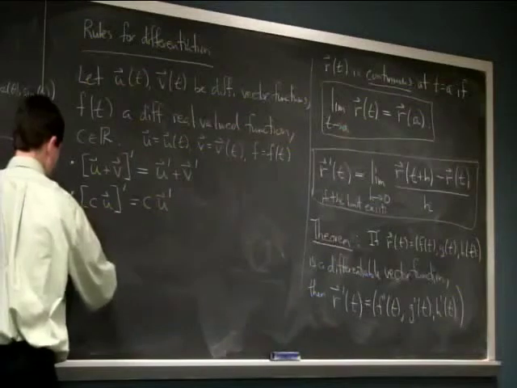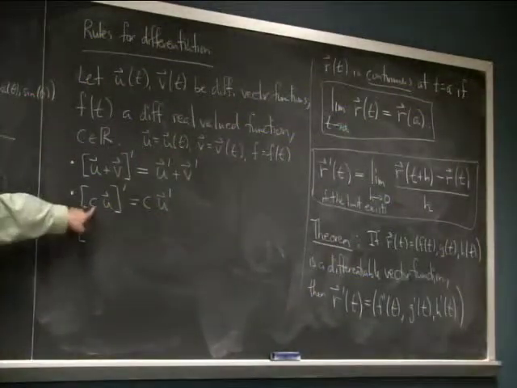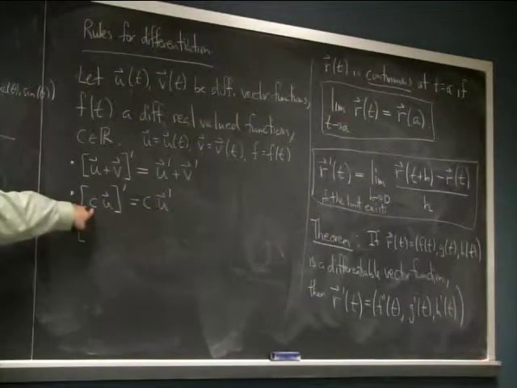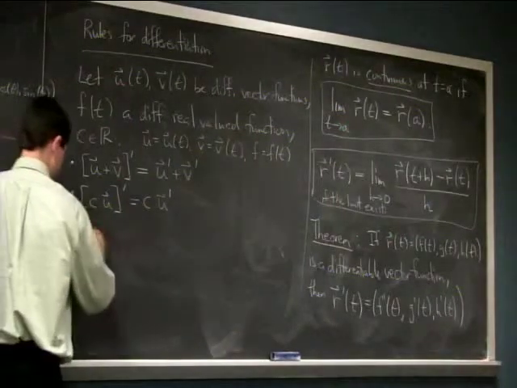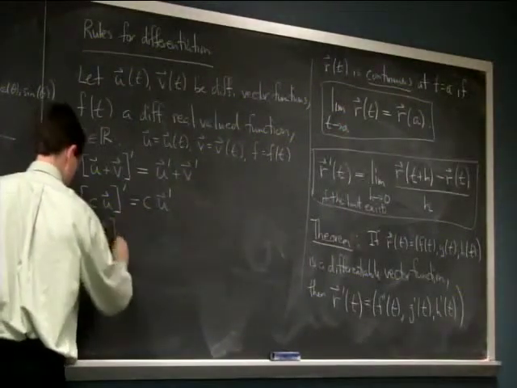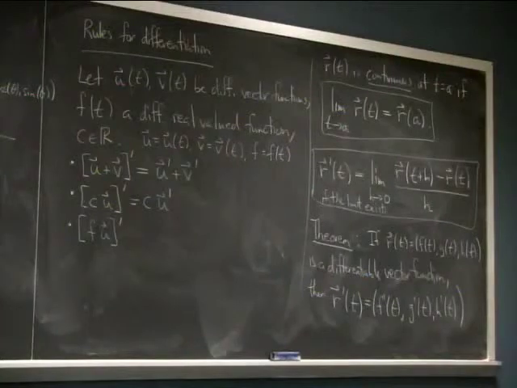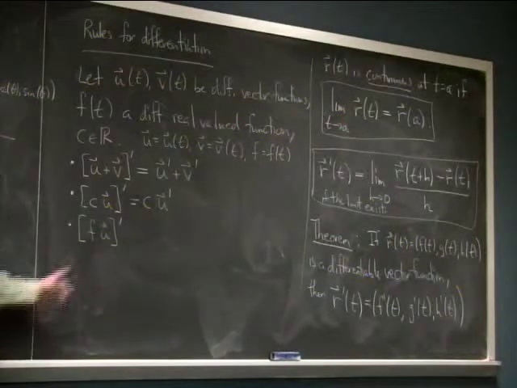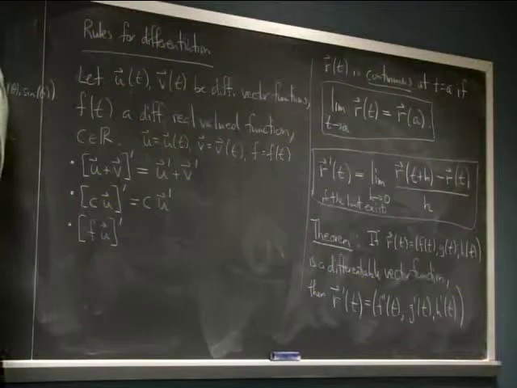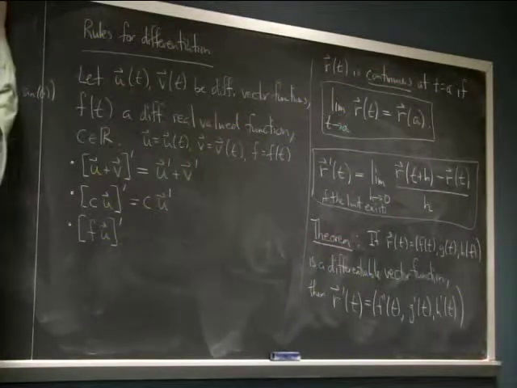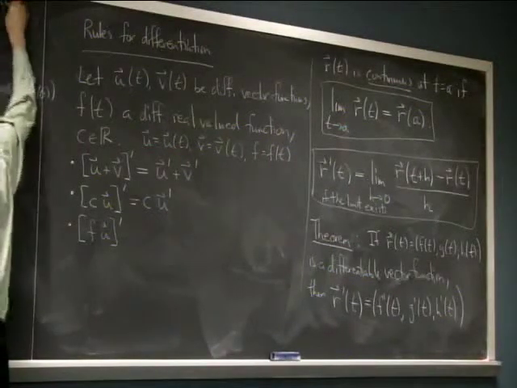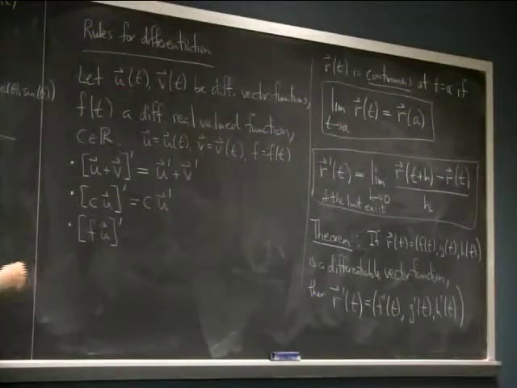Okay, now there's something a little more interesting. Let's say I don't put down a constant here, but I put down a real function, namely f. Okay, so when I write fu, it's unfortunate, I mean f of t times u of t. So they both eat t. This spits out a number.